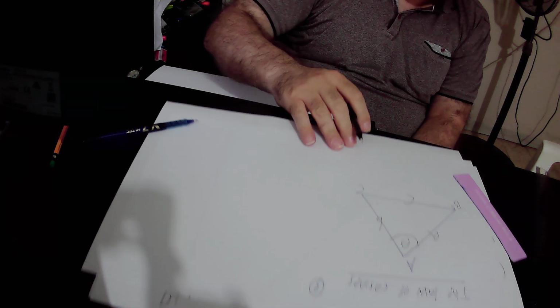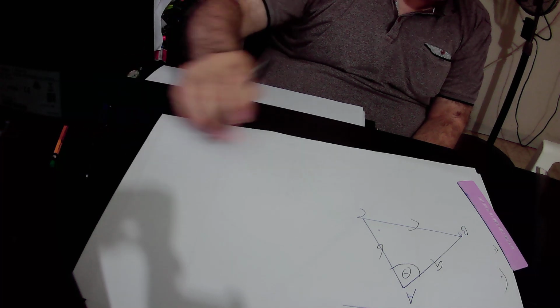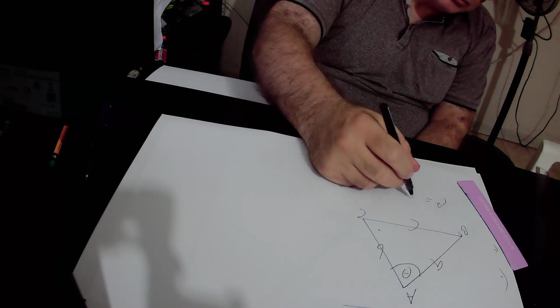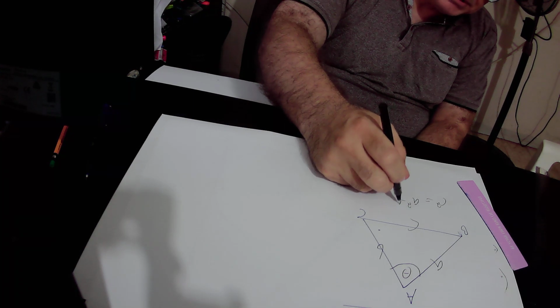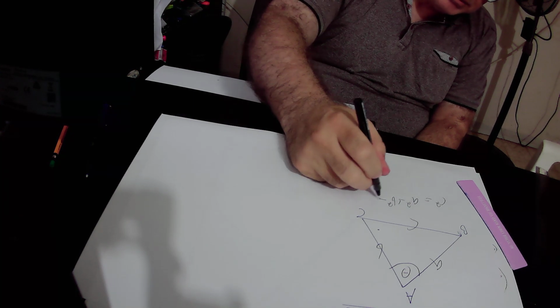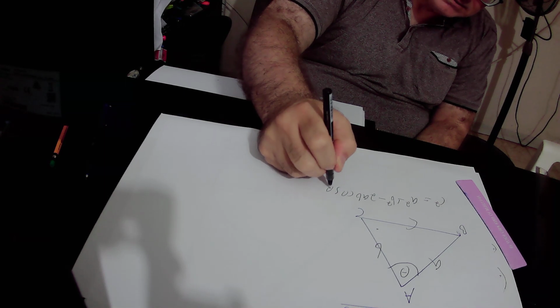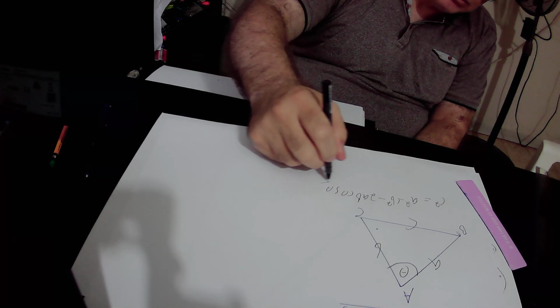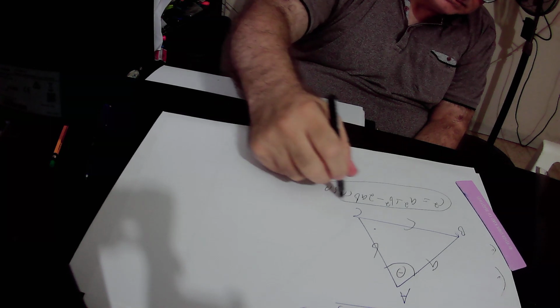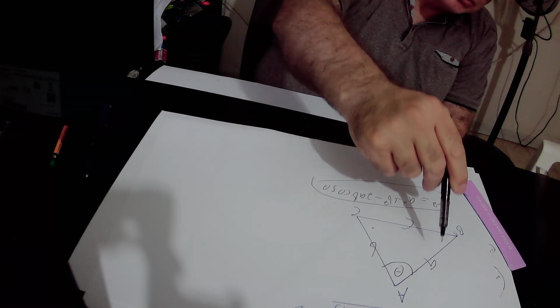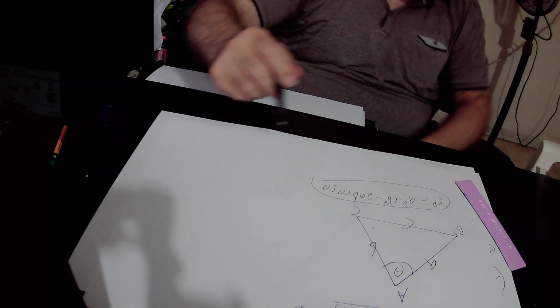According to the law of cosines, we get that C squared equals A squared plus B squared minus 2 times A times B times cosine theta. And this is true in any triangle.